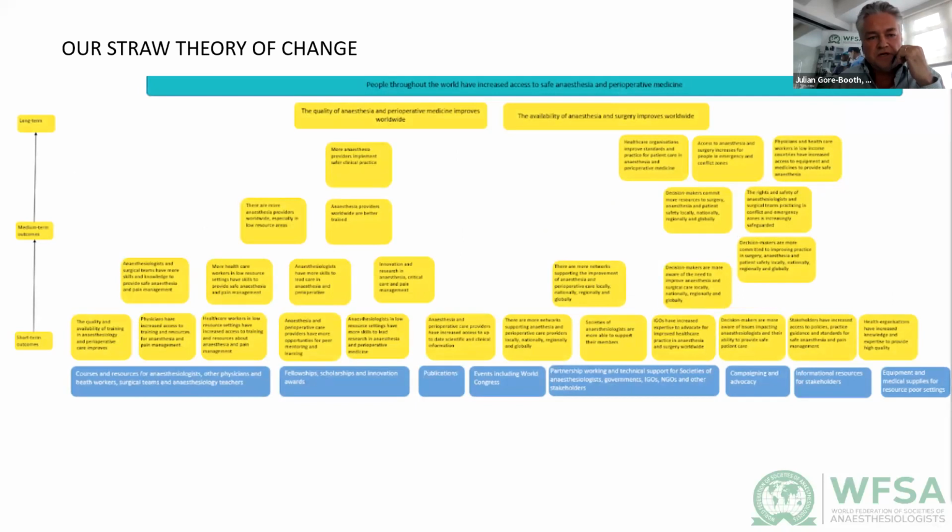Again, you don't need to read this slide. This was our straw theory of change. What I wanted to emphasize with this was just to say that if you go into these processes, you do have to do quite a lot of preparatory work. So the more that you're able to put into the process, the more you will get out of it.